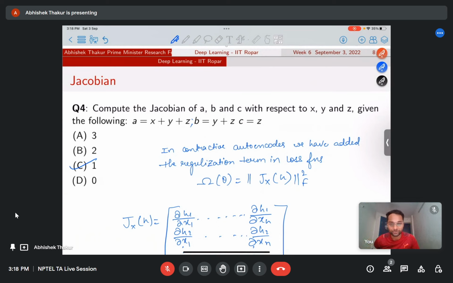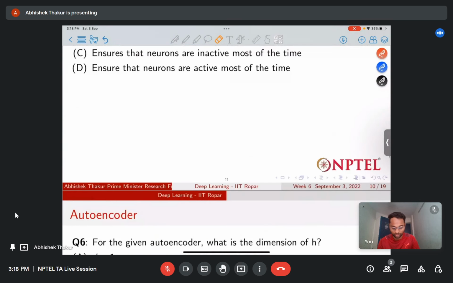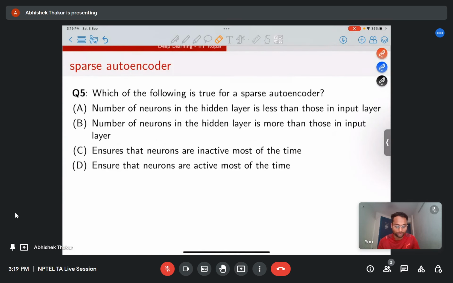Okay. So now we'll move on to the next question, that is based on the sparse autoencoder. Which of the following is true for sparse autoencoder? Number of neurons in the hidden layer is less than those in the input layer. Is this the correct option?